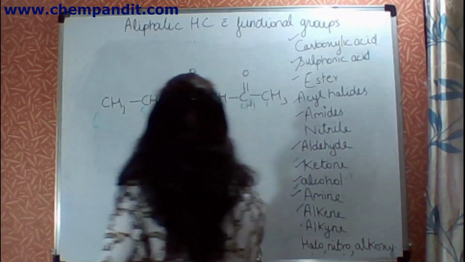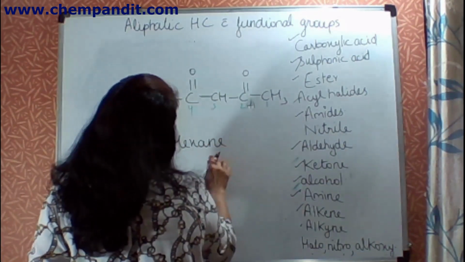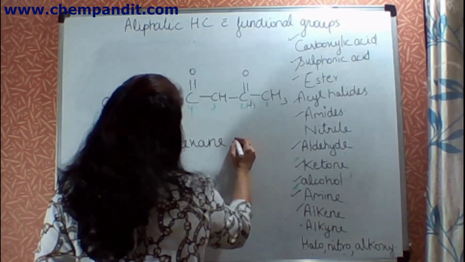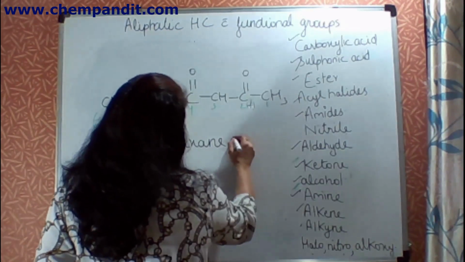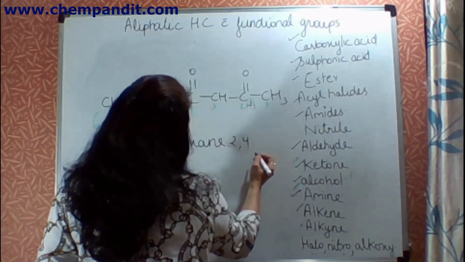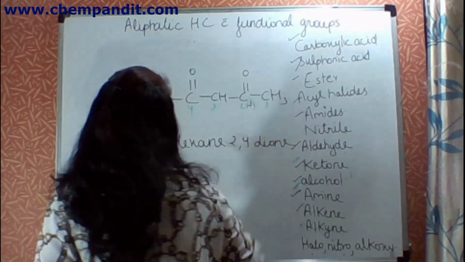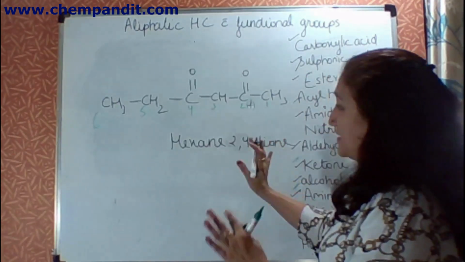Now the name of this compound is hexane-2,4-dione. Is this right?